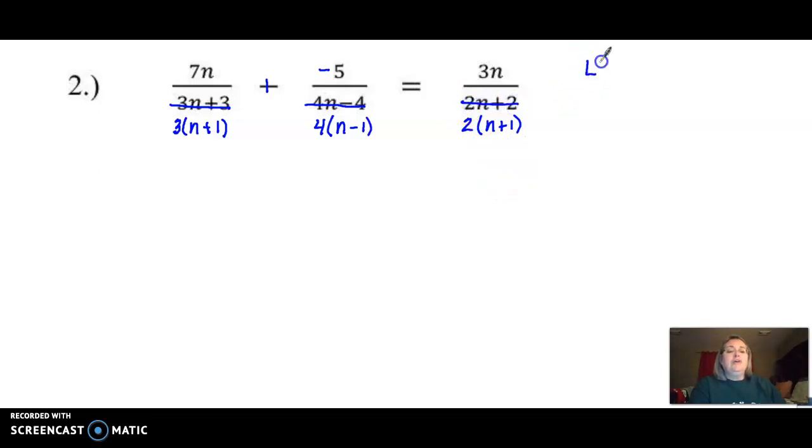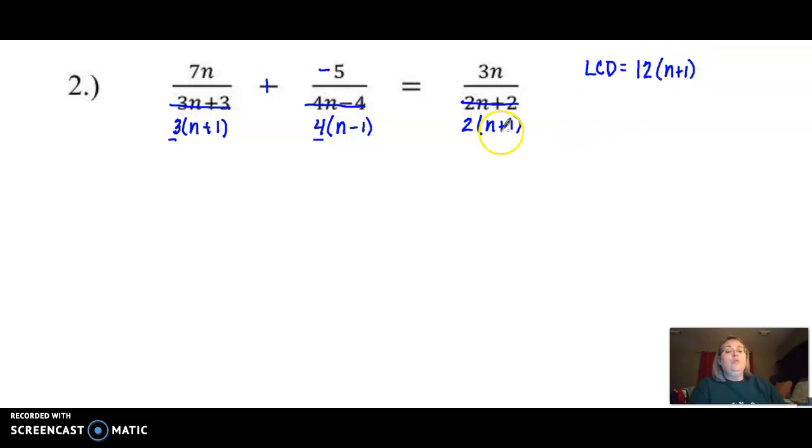So again, looking for our LCDs, looking at our constants, we have a 3, a 4, and a 2. Since 2 divides into 4, I don't need to worry about the 2. Just focus on the 4 and the 3. So 4 and 3 gives me 12 for an LCD. Don't forget, with your binomials, I have an n plus 1, so I need one of those.